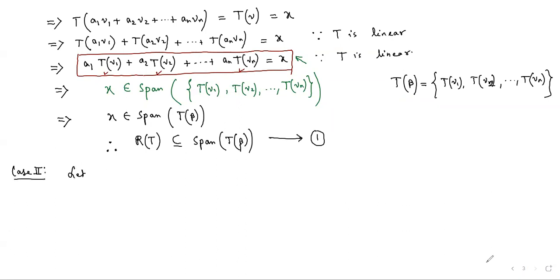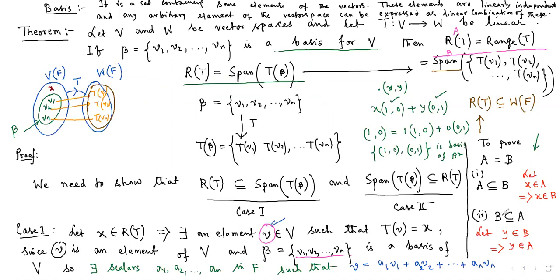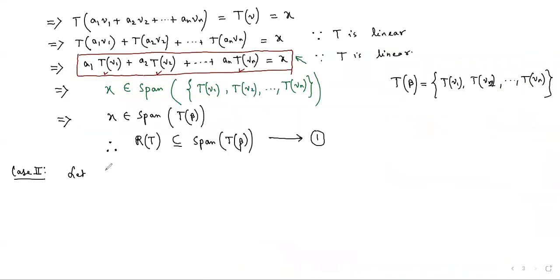Now you just look at this: to show that B is a subset of A, we have to take elements from B and we need to show that it belongs to A. So I missed one page actually. This is my page 2, remember.